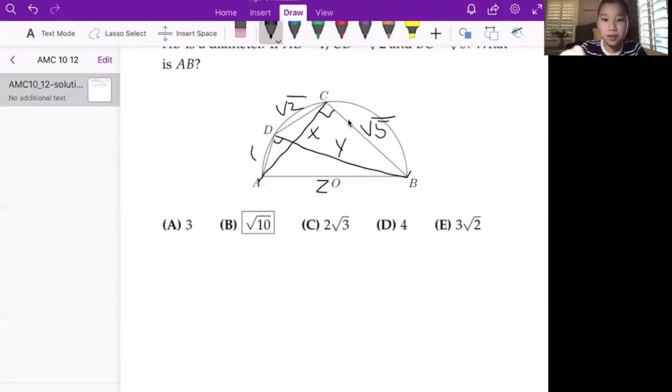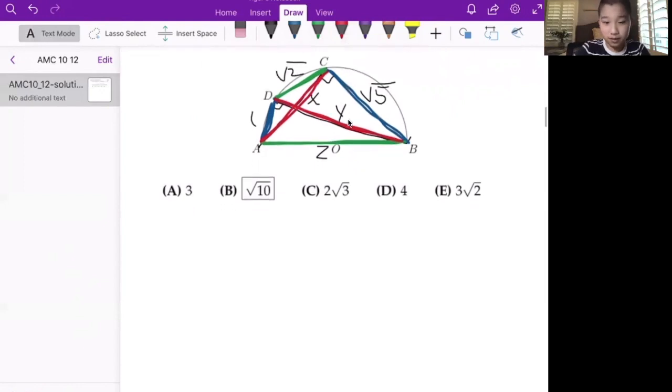So Ptolemy's telling us that the product of the opposite lines, plus the product of the other pair of opposite lines, is equal to the product of the diagonals.